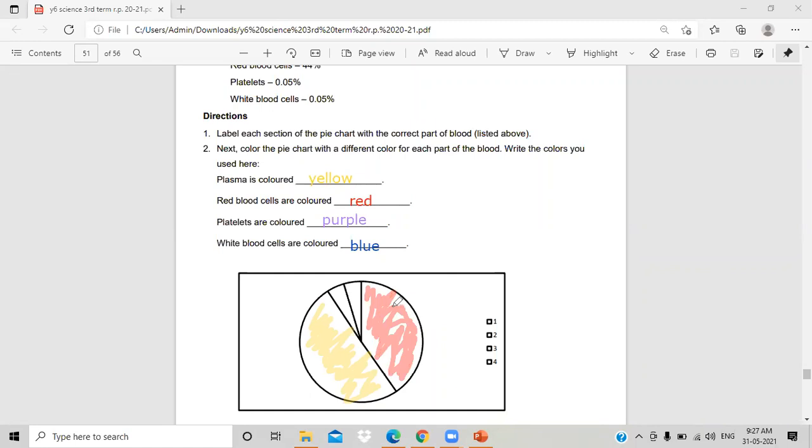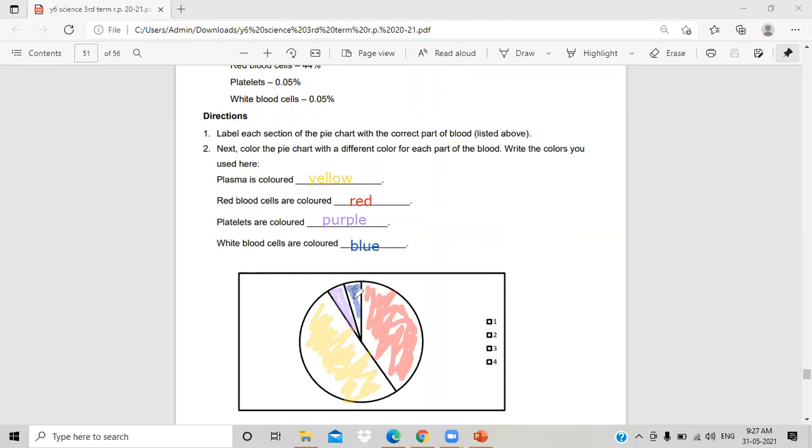Okay, and continue, Hannah. Which one should I color? Purple and blue, the other two pieces. The other two pieces, which are about the same size. And the blue one is next to it.